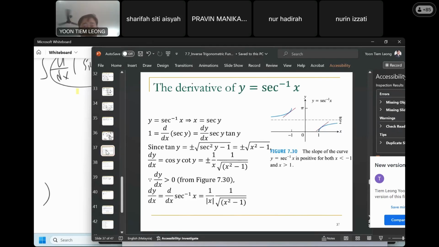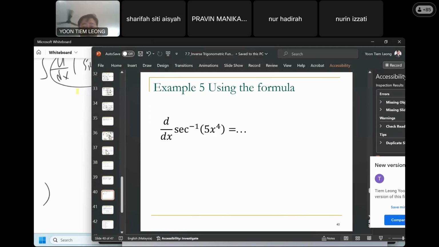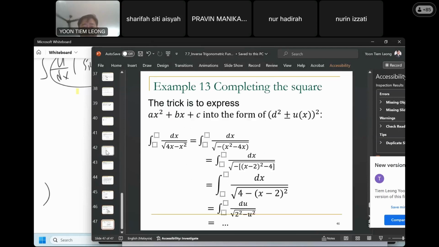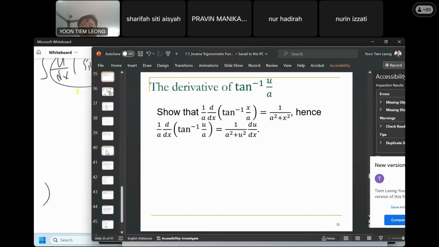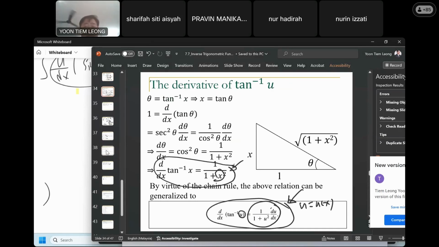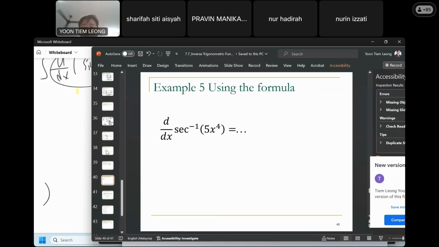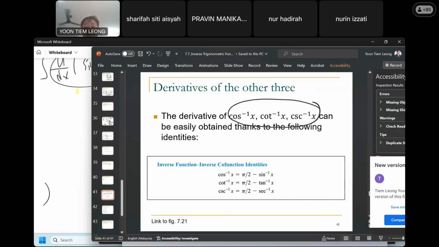Okay, so this is the derivative of arcsecant, the derivative of the arcsecant of u over a, example 5, and also the other formula. You can try to understand the derivations of arctangent and arcsecant yourself, and the derivations of the other inverse trigonometric functions can be obtained from this identity.